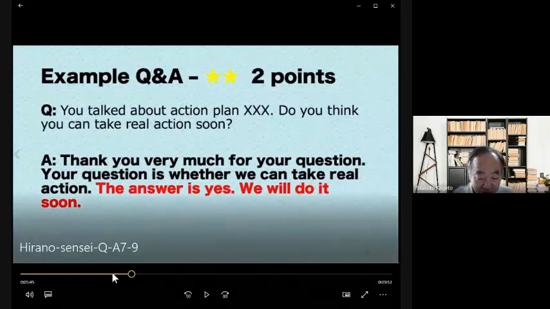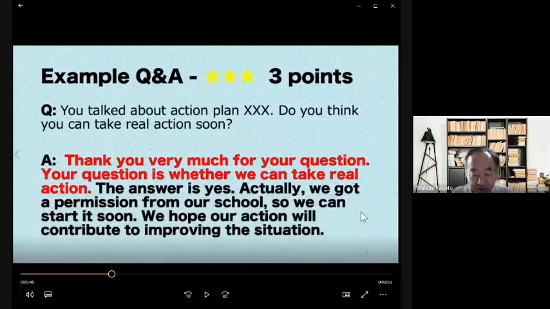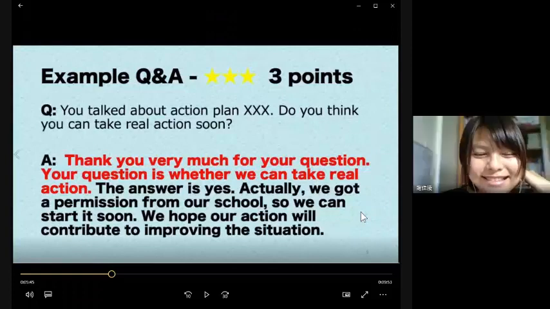I'll show you the 3. The answer is yes. Actually, we got your permission from our school, so we can start it soon. We hope our action will contribute to improving the situation of country A or country B. You got it? Okay.